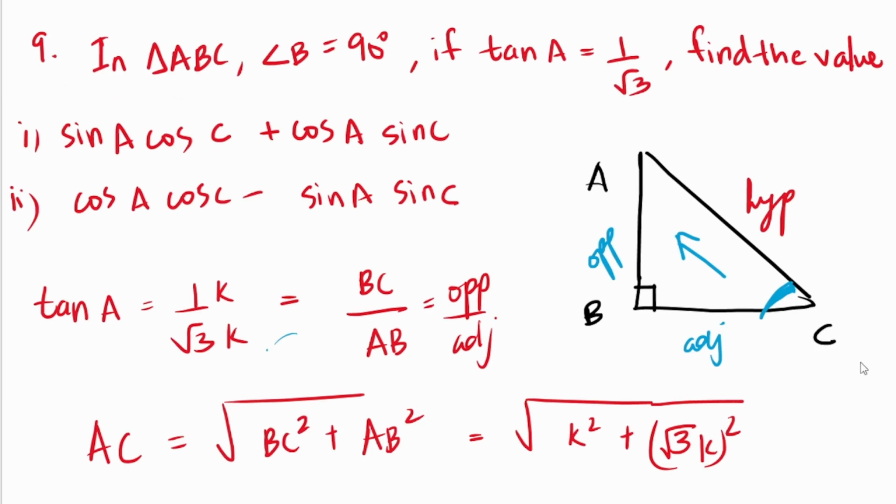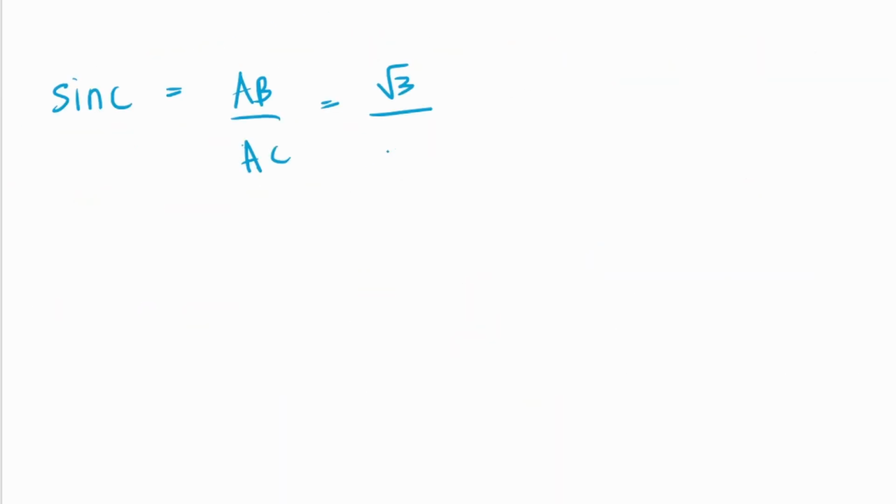So in that case, we'll write sin C. With respect to C, it is AB by BC, which is root 3k by 2k, that is root 3 by 2.